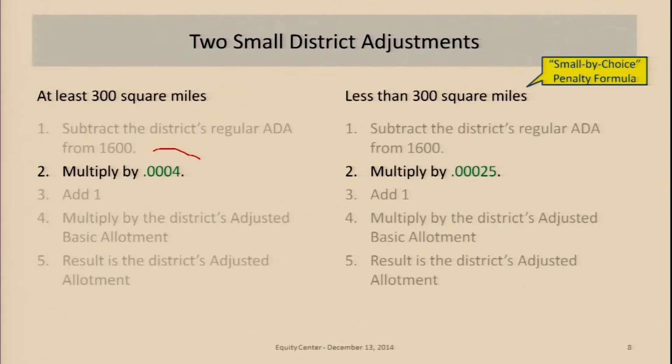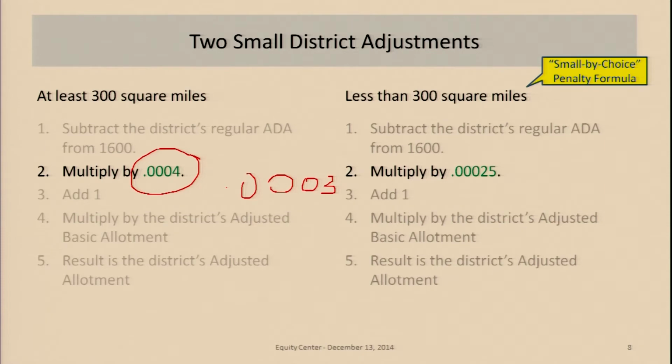And for the regular formula, the one the state recognizes as the cost for a small schools program, this is the multiplier. And they said, we're going to encourage consolidation, so instead of that, we're going to have a multiplier of 0.003 and give you less money, less than what we say it actually costs.